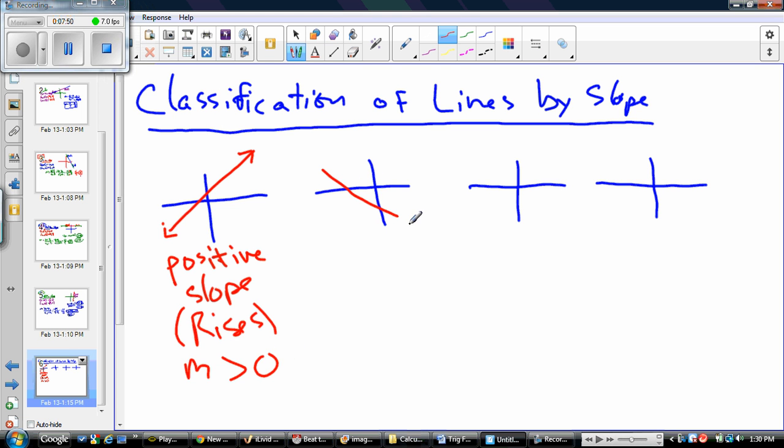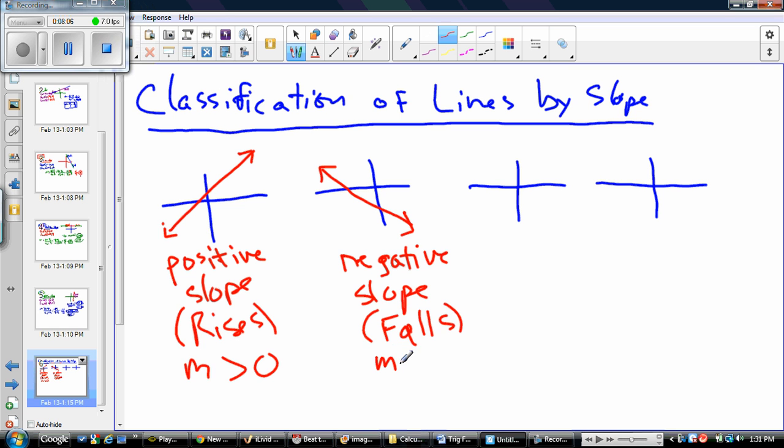Any line that looks like this, as I read it left to right, is going down. That is a negative slope. The line is falling. And this is slope is less than 0 or negative.